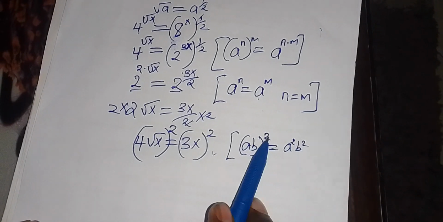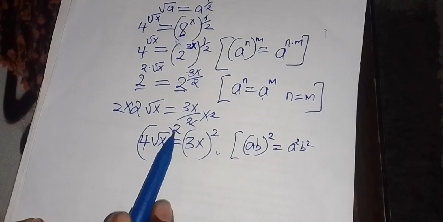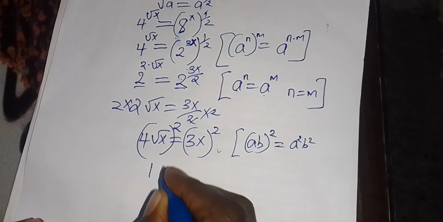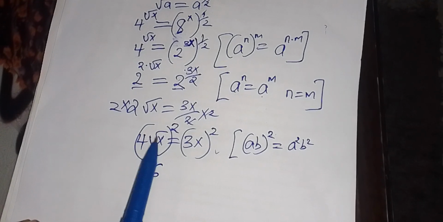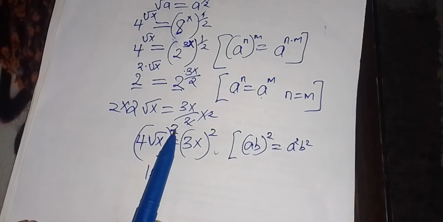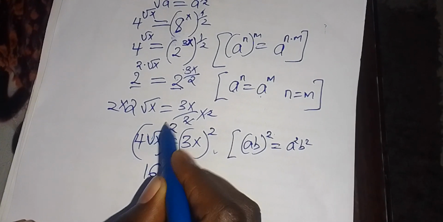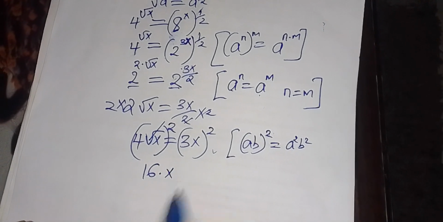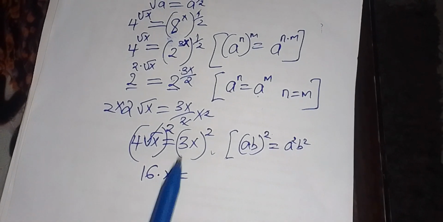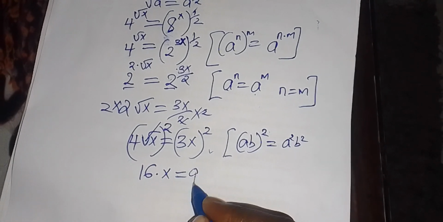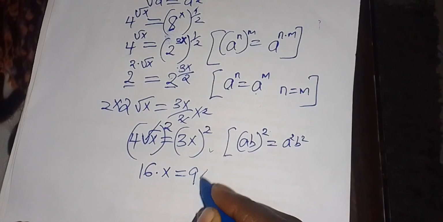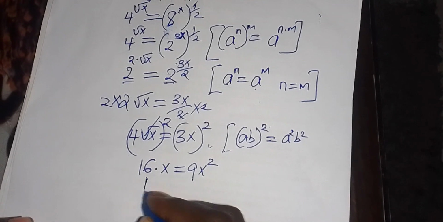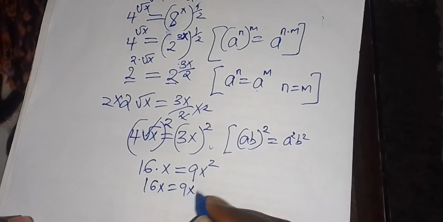So 4 squared gives 16, and squaring the square root sign simplifies it, so we have 16 times x. This is equal to 3 squared, which is 9, times x squared, so we'll have 9x squared. So we have 16x is equal to 9x squared.